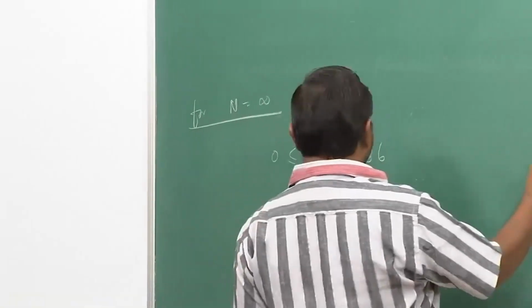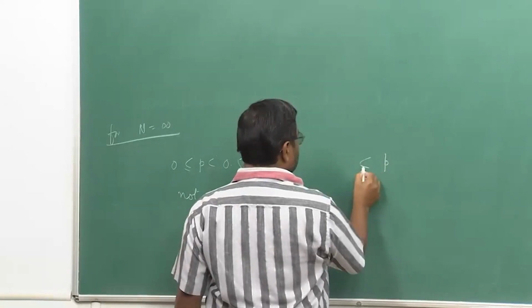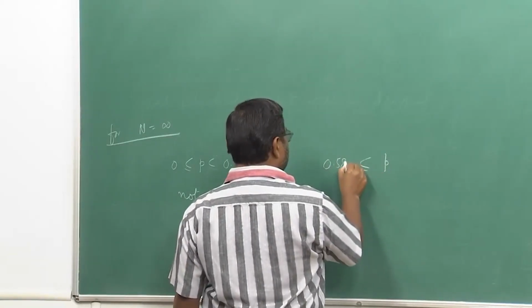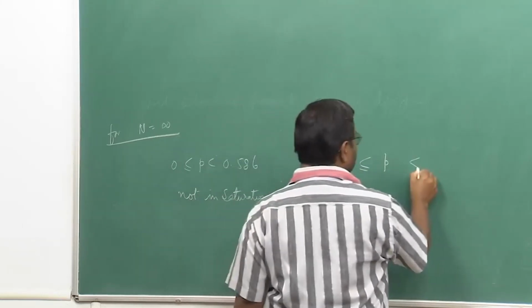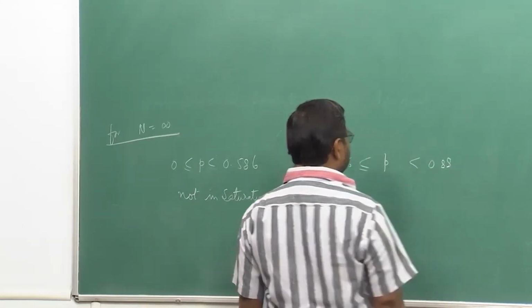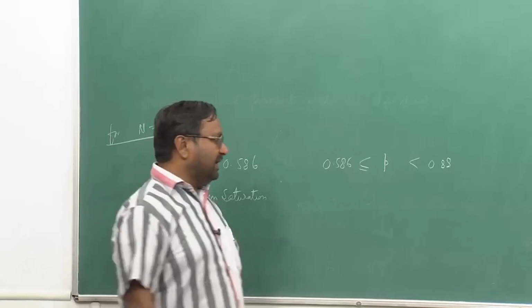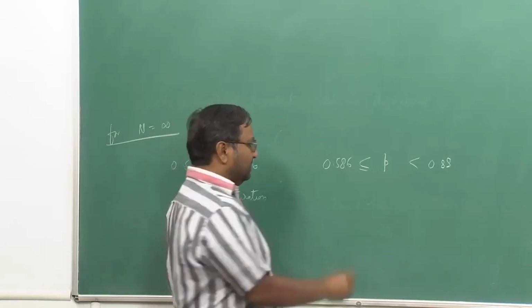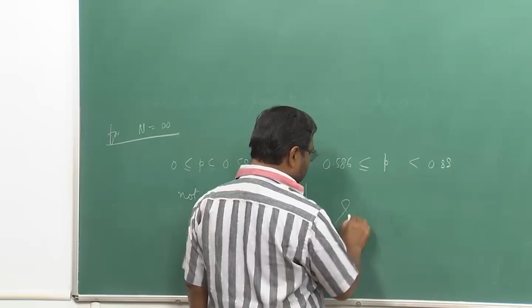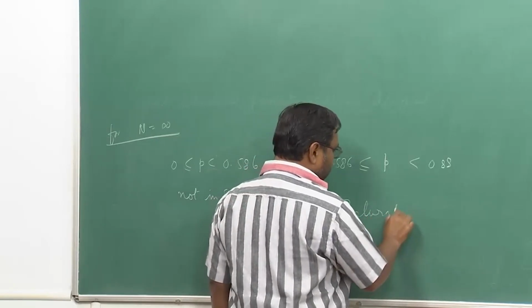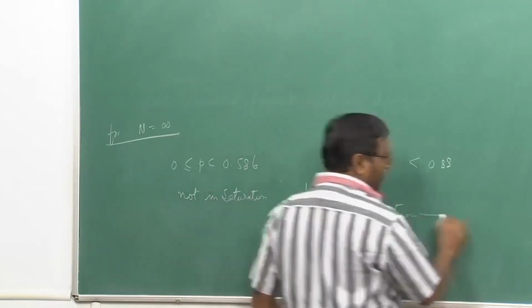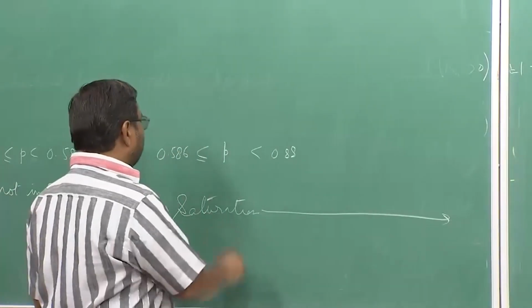After this, if your P is more than 0.586 but less than 0.88, your switch is operating in saturation, all throughout.